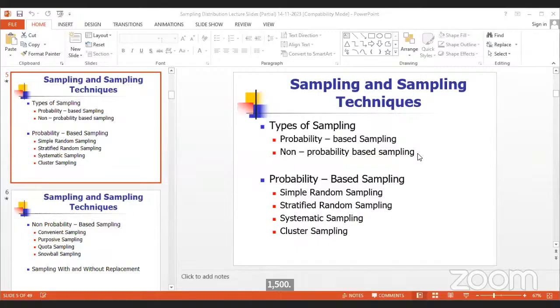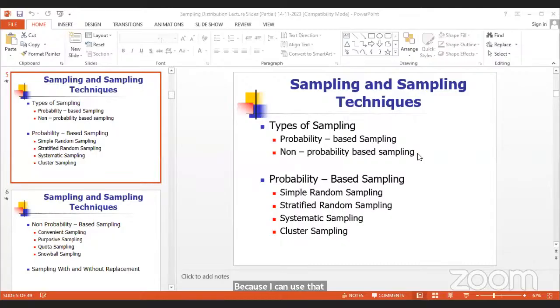But a sampling frame is a list, like your class register sheet. It could be any other material that contains the details of the population. That's a sampling frame, because I can use that to guide my selection.